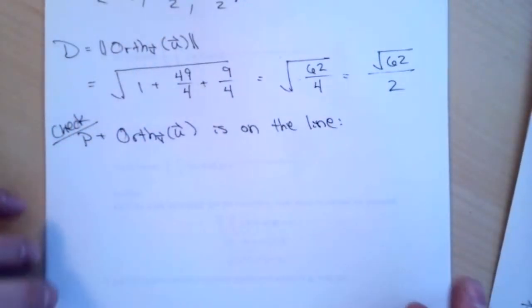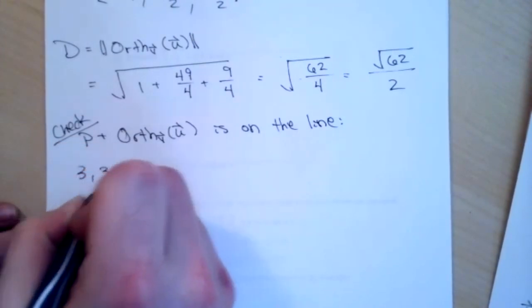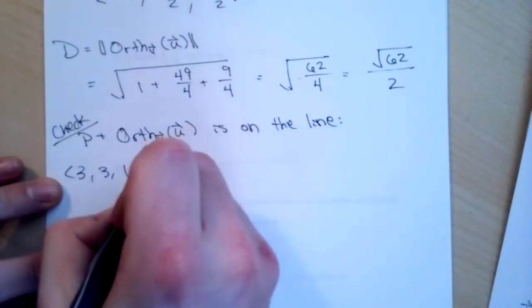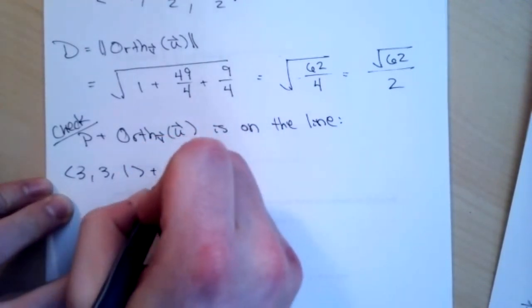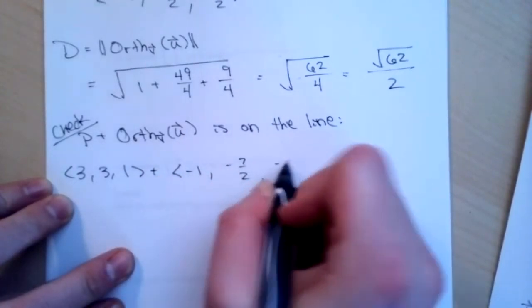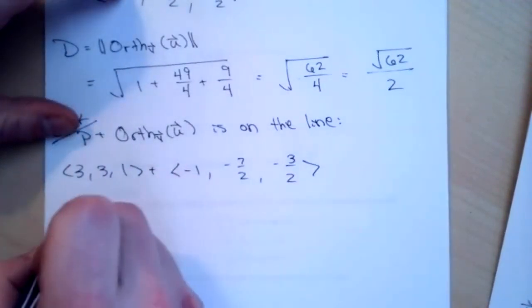So let's check that real quick. Our P was ⟨3, 3, 1⟩ plus our orthogonal component, ⟨-1, -7/2, -3/2⟩. What are we going to get?